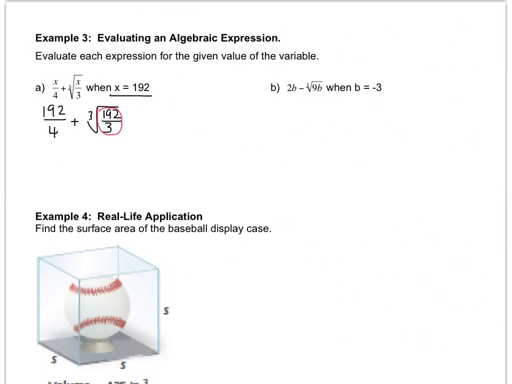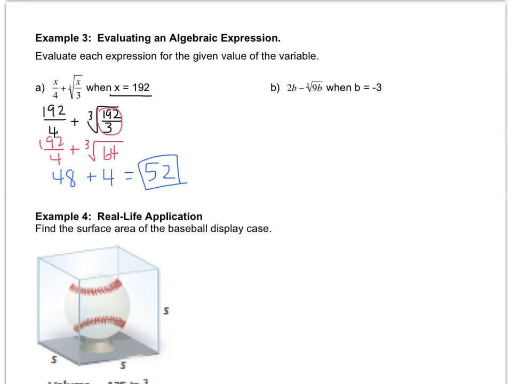So 192 divided by 3 is 64. So now I bring everything else down. The cube root of 64, I just learned from the other question, is 4. And I'll do this division while I'm here. That is 48. 48 plus 4 is 52.